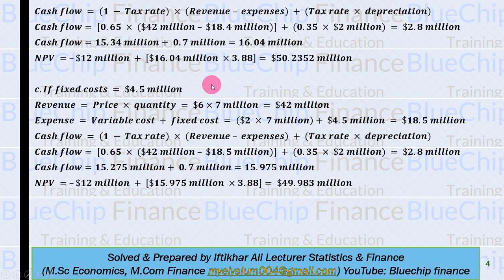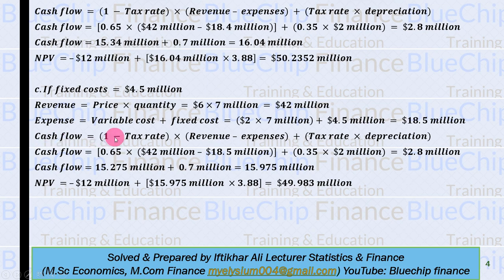And in part C there is a change: the rest of the question is the same as in the base case, but only fixed cost changes from 3 million to 4.5 million. So 7 multiplied by 2 is your variable cost, plus fixed cost of 4.5 million, and 18.5 is your expense.